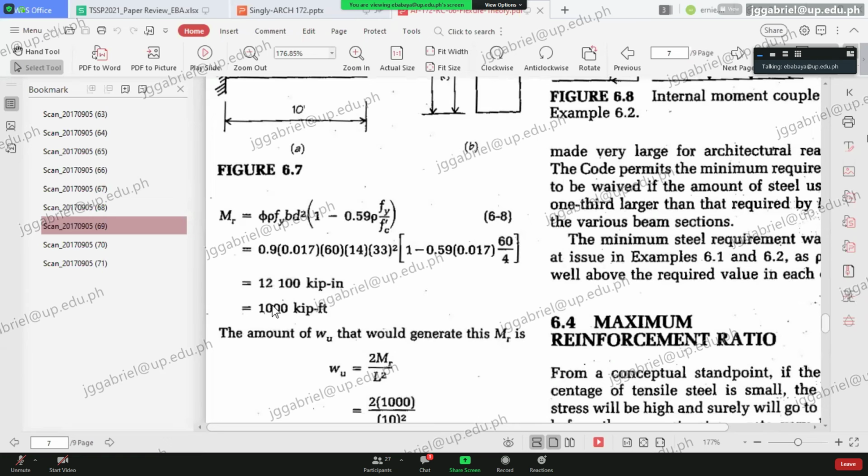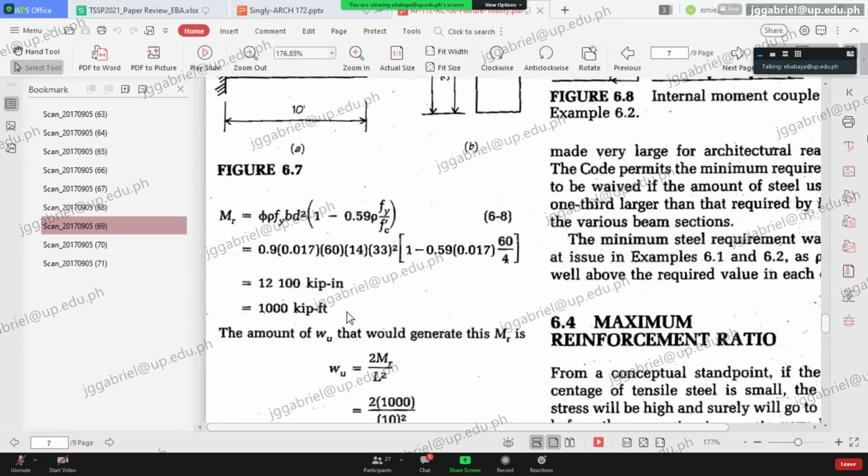So you'll get 12,100 kip-inch. Divided by 12, you get 1,000 kip-foot. This will be the resisting moment, the reduced strength. We say it's reduced because it was already multiplied by 0.9, the reduction factor.